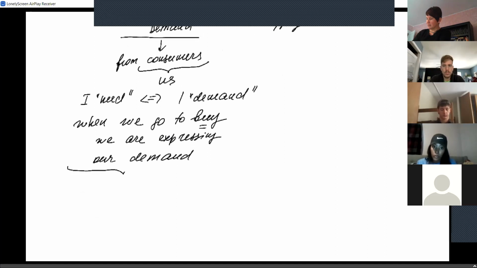So our demand. Everything that we consume, literally everything, can be broken into two major categories. And the way we treat these categories explains our behavior as consumers. The first category is something we absolutely have to have to stay alive.